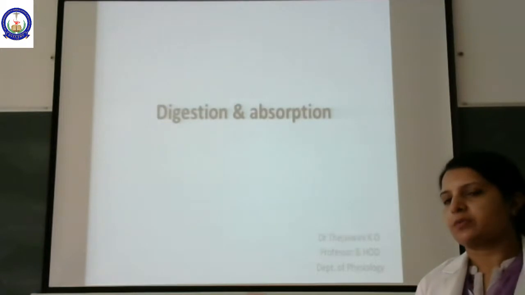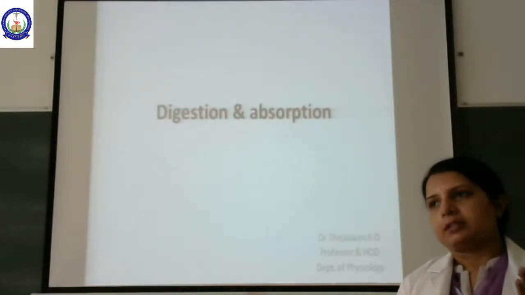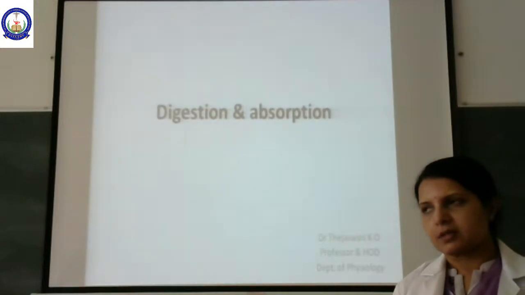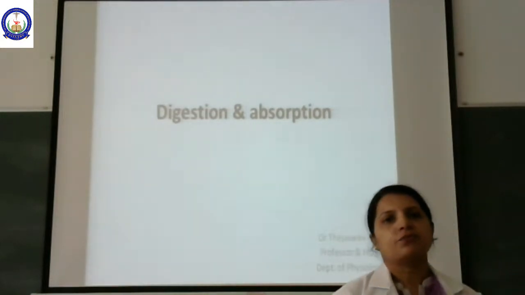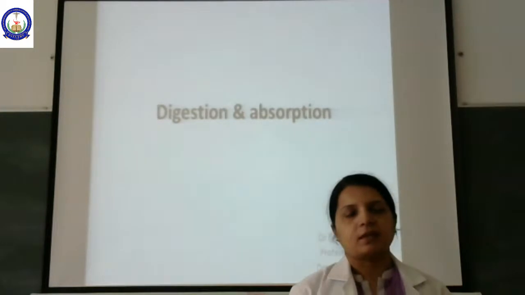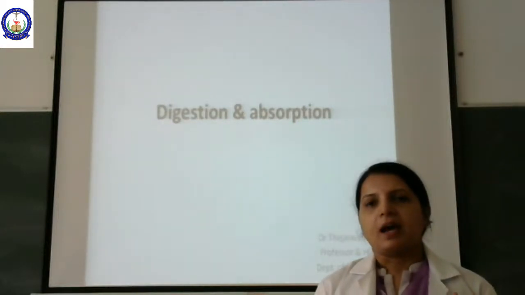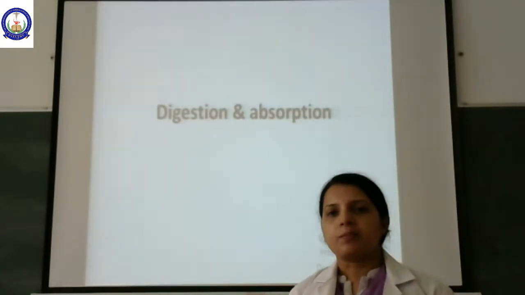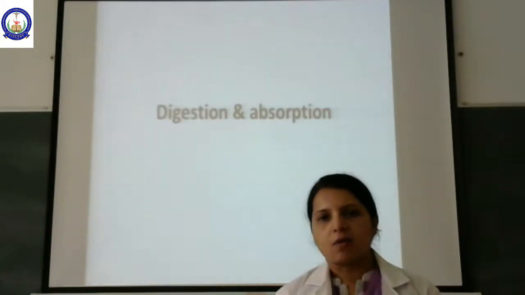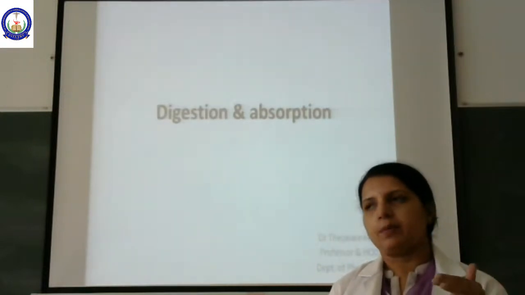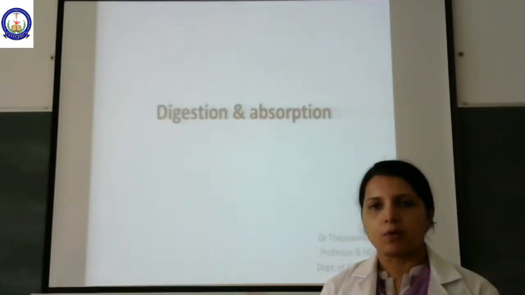In today's class, we will be learning about the digestion and absorption of the most important nutrients. As you are aware, we consume food in the form of a balanced diet, which includes carbohydrates, proteins, lipids, vitamins, minerals, etc. In the process of digestion, as you have already learned, these complex food particles are broken down into simpler molecules.